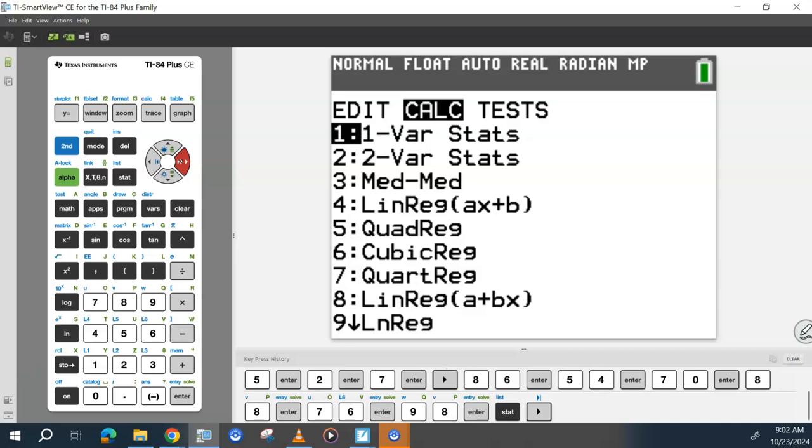And then which of these things do we think we're looking for?